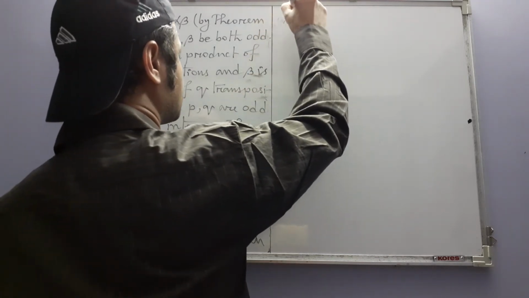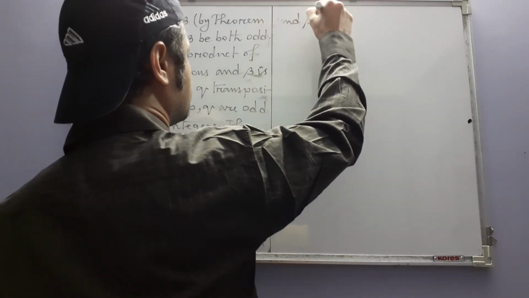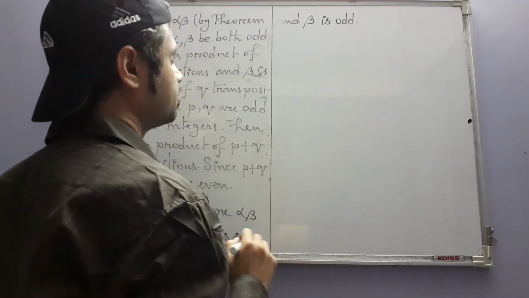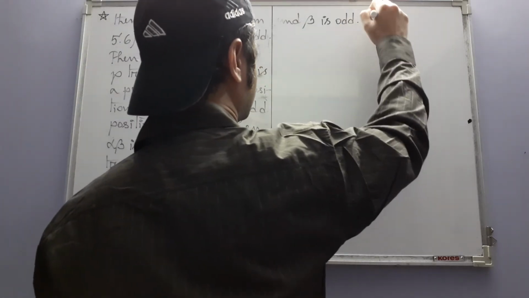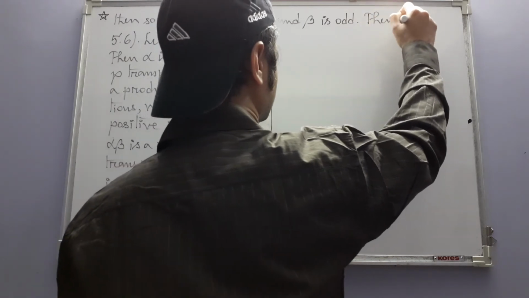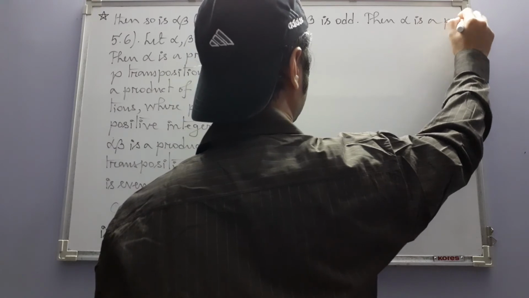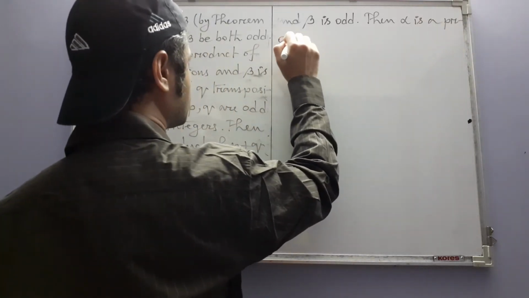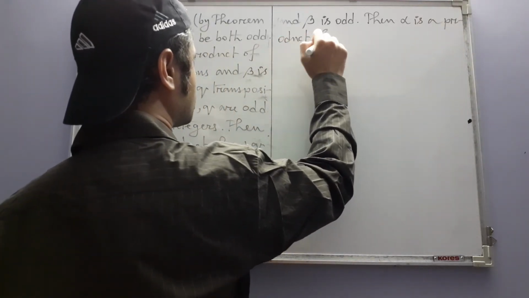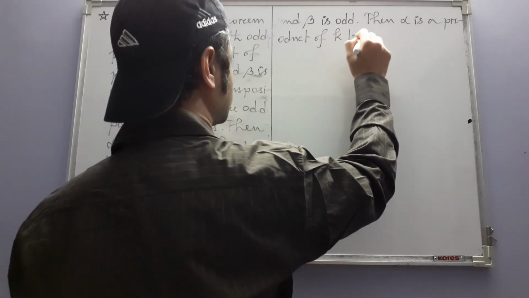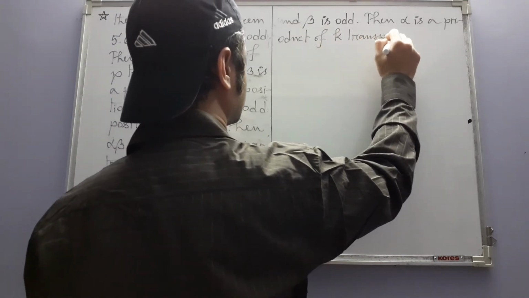Alpha is even and beta is odd, then alpha is a product of say k transpositions.